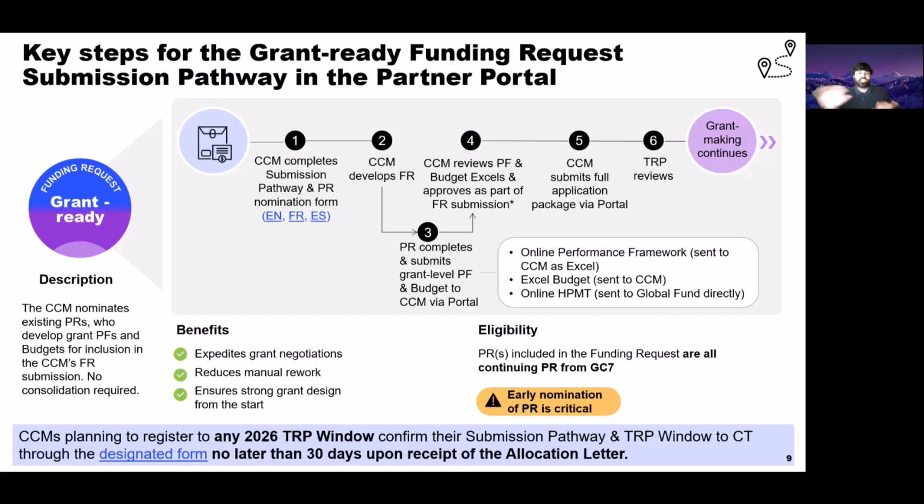So irrespective of which submission pathway you choose, the CCM will be responsible for still submitting the full funding request application package. Just in Grant Ready, you will be receiving the PF and budget, the performance framework and the budget, from the principal recipients, rather than having to work on it yourselves.